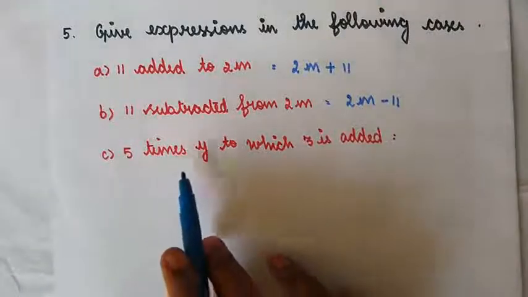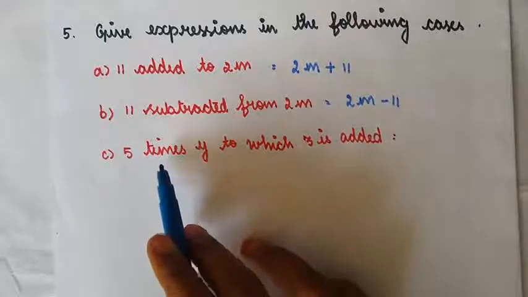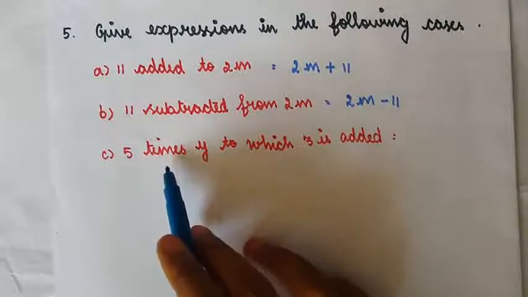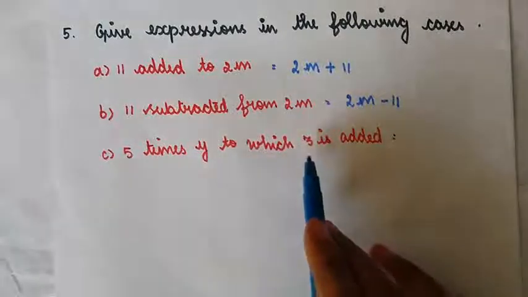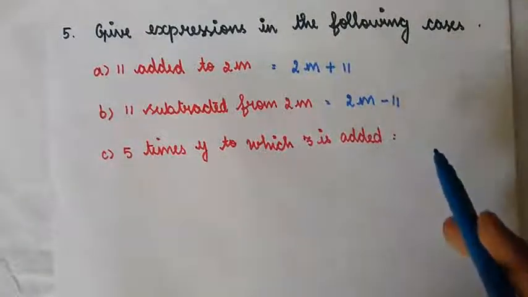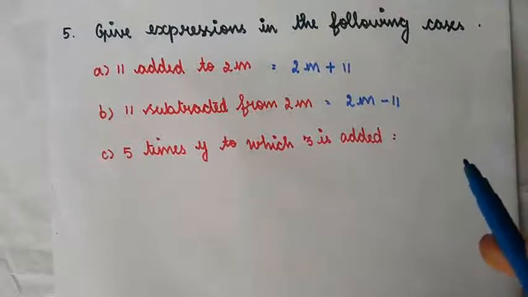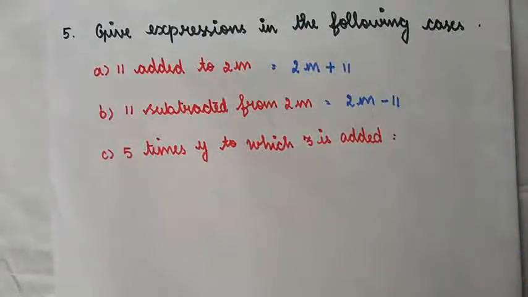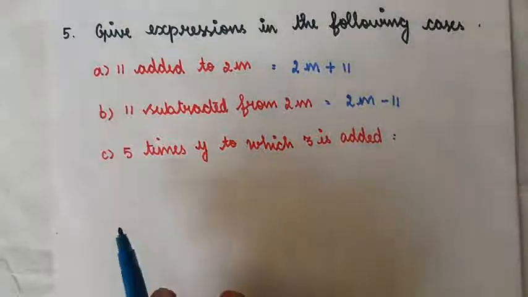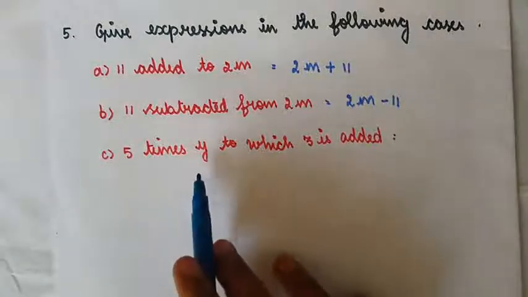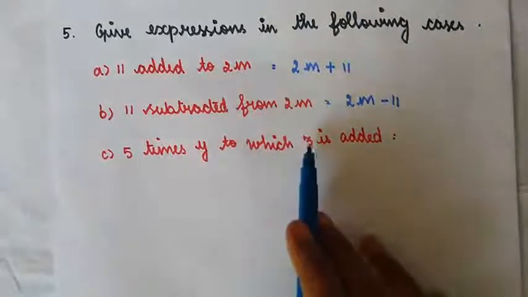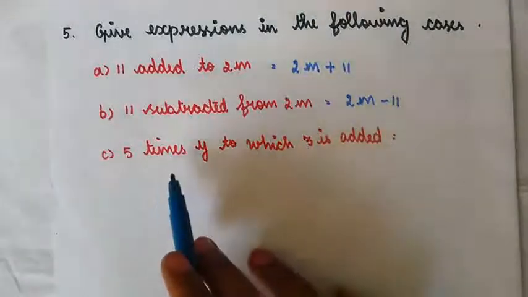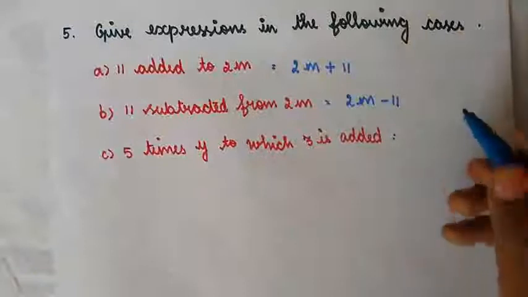First we have to multiply. 5 times represents the multiplication symbol. So 5y, to which 3 is added. Okay, so we have to add it. First y multiplied by 5. Okay, then 3 is added to the product, that is 5y.